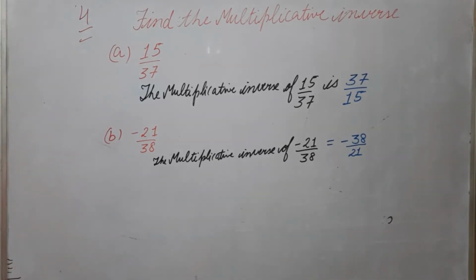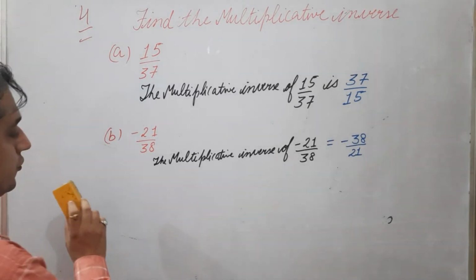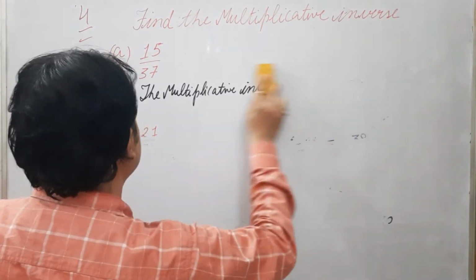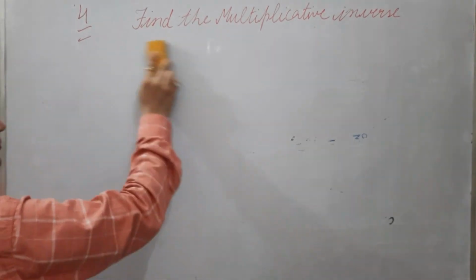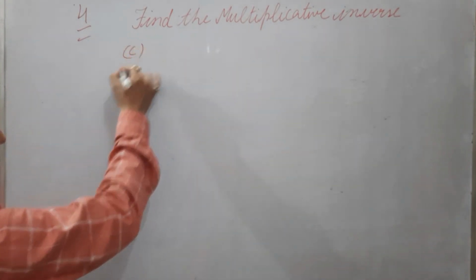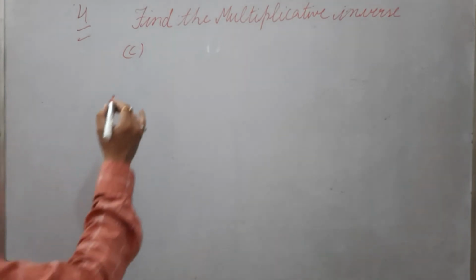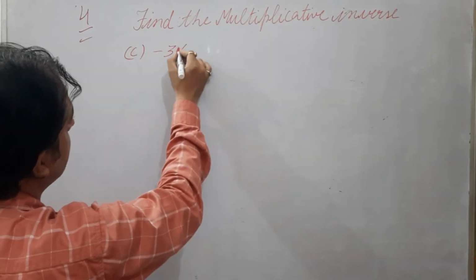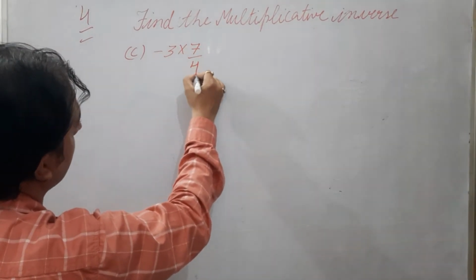So this is the multiplicative inverse of a negative rational number, multiplicative inverse of a positive rational number. Now take one more example of this one. Question number C part. C part is minus 3 multiply 7 upon 4.